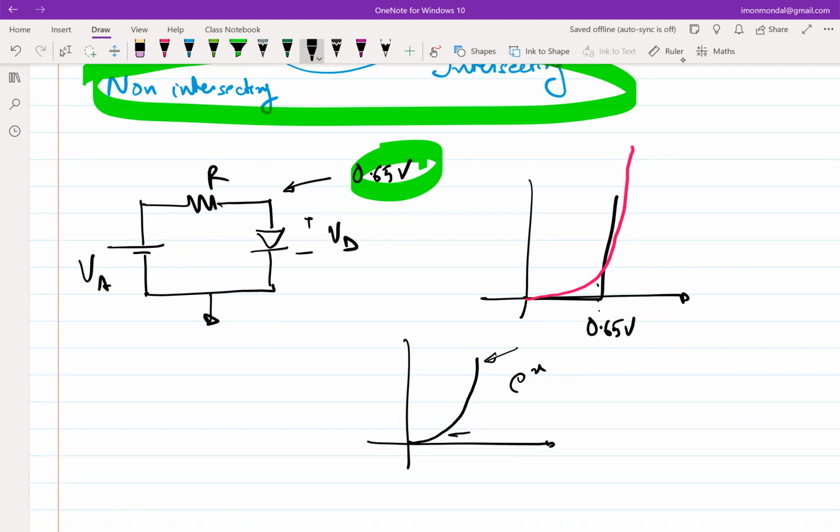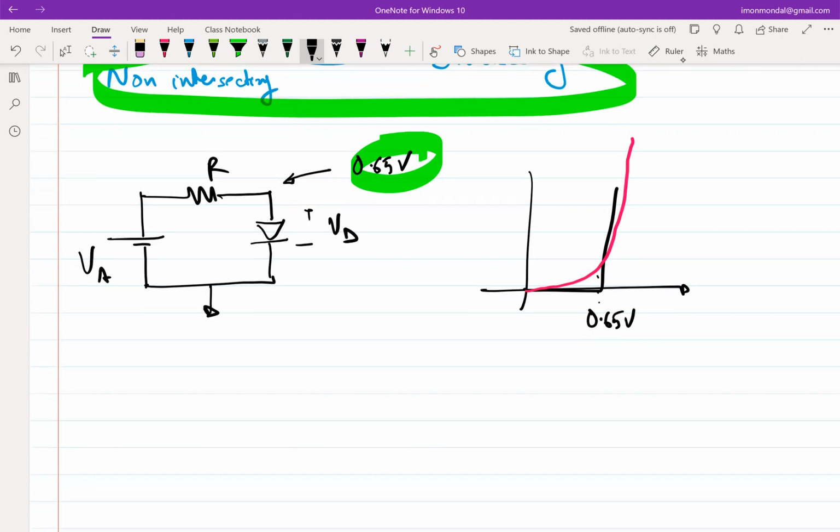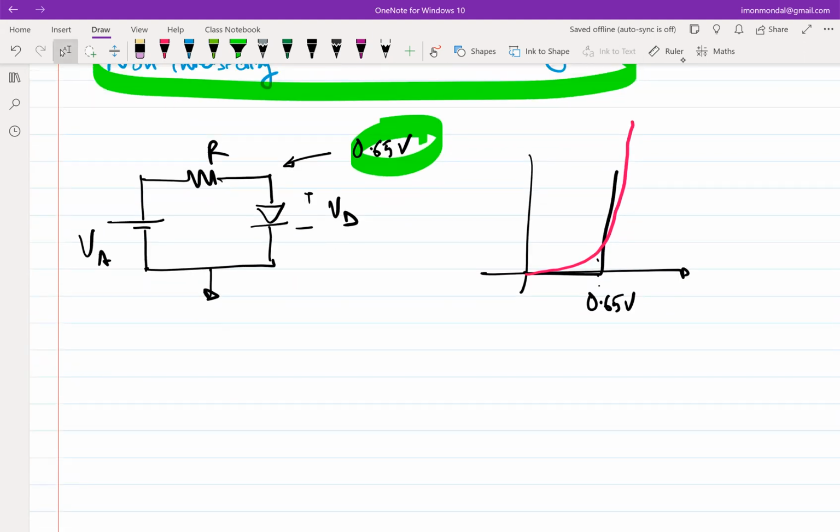Right? So the answer to that lies in some practical scenarios. Let me give you an example. Let's say I did an experiment and I found out that for 1 milliamp current, so this is my equation.